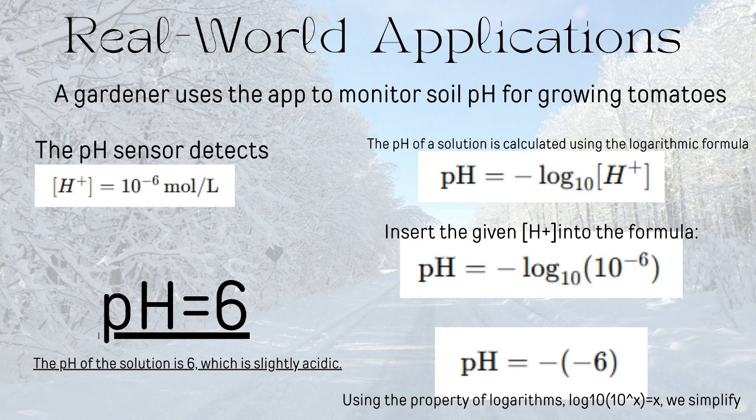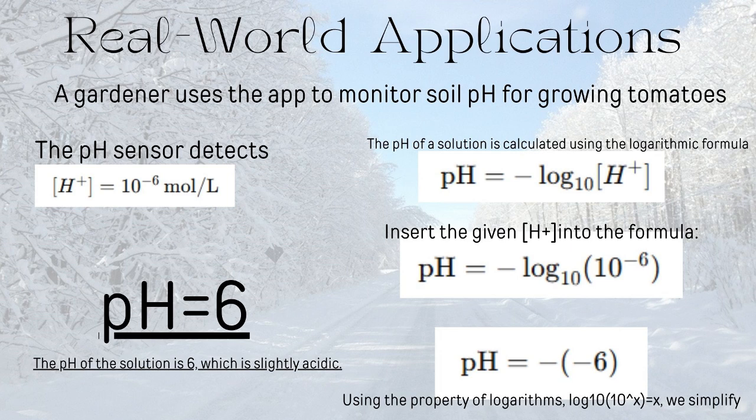So we input the given hydrogen ions into the formula. Then the result would be pH is equal to negative log of (10 to the power of negative 6) with the base 10. Then using the property of logarithms, log base 10 of (10 to the power of x) is equal to x, we can simplify it.